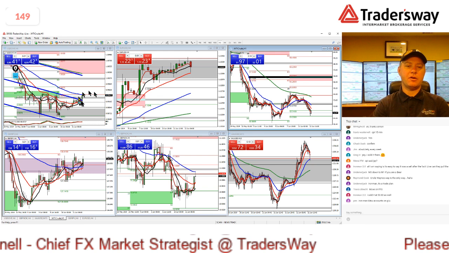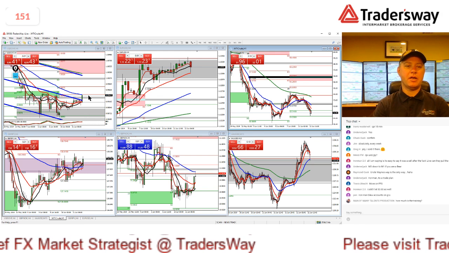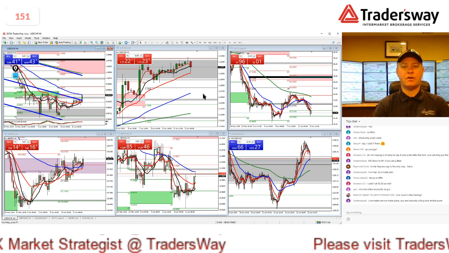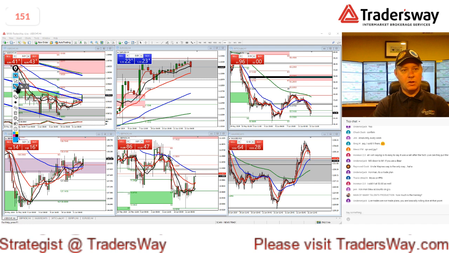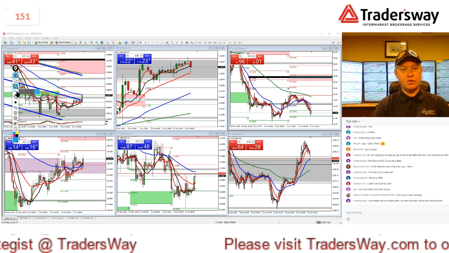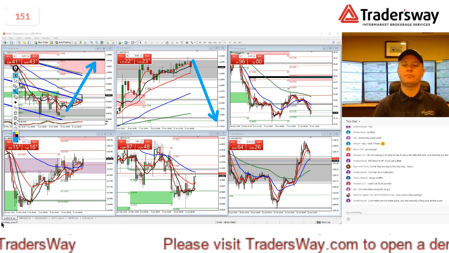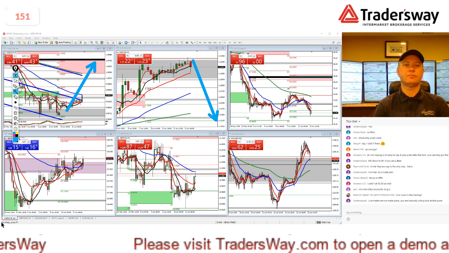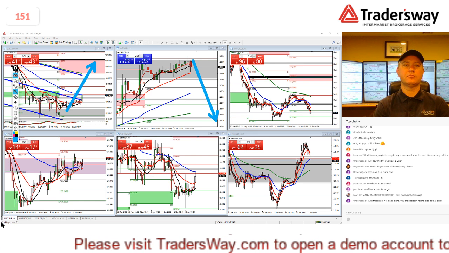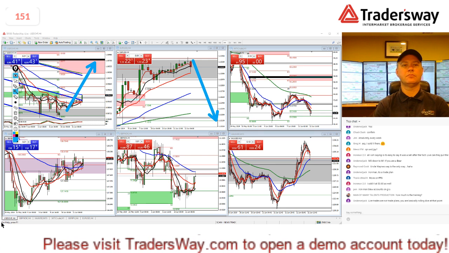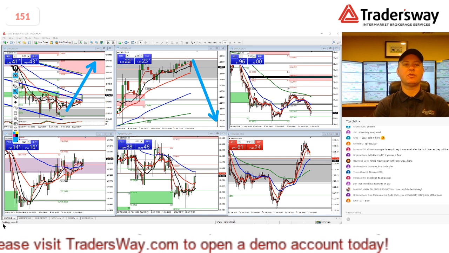So this is quite a key moment here to see how it plays off the 4-hour 55. And if so, this is coming down because this is going up. So this should have almost perfect congruency.